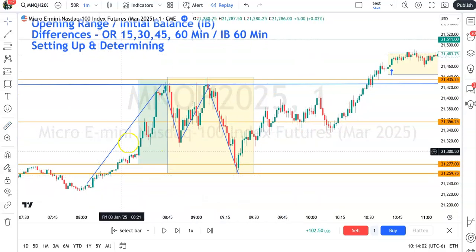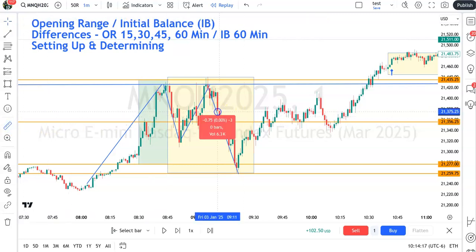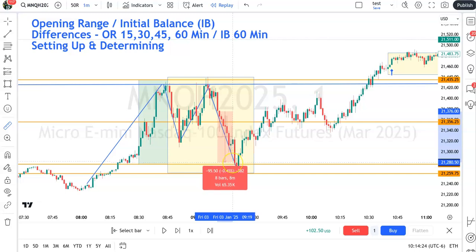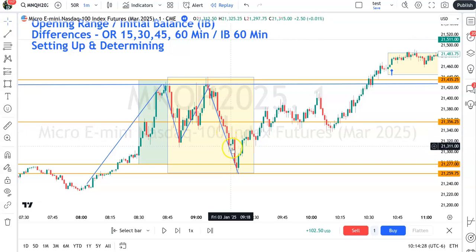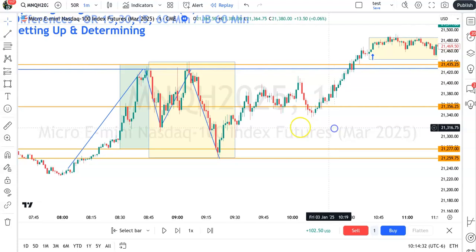So you can see how, once this starts and we get this big bar down and these continuations, you could enter into this range here, knowing that you're going to get at least from here to the bottom of the M, which is 50 points, and more than likely about 3/4, which would be 100 points. So that would be a nice little 100-point trade right there, just off that basic pattern recognition.